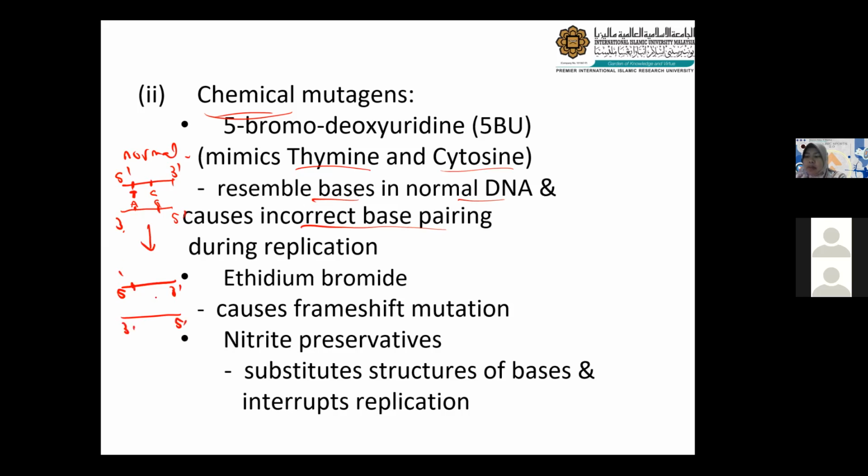okay, so what happened? It might mimic thymine or it might mimic cytosine. So let's say sini bukan T dah, B. Okay, the 5-BU, B. So it is complementary to A because the 5-BU is mimicking thymine and mimicking cytosine.